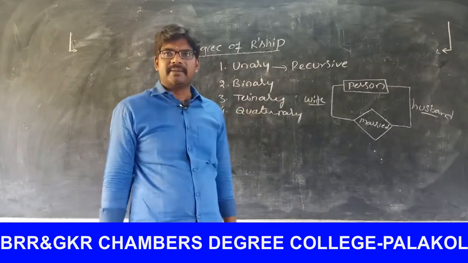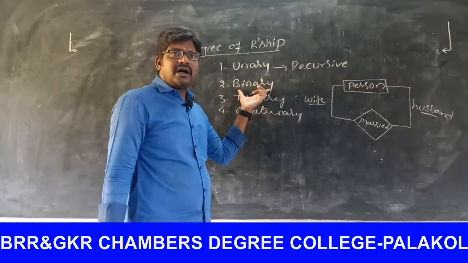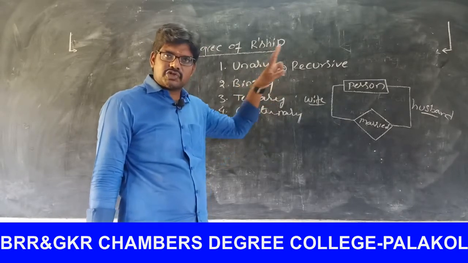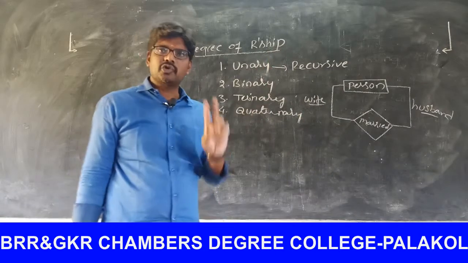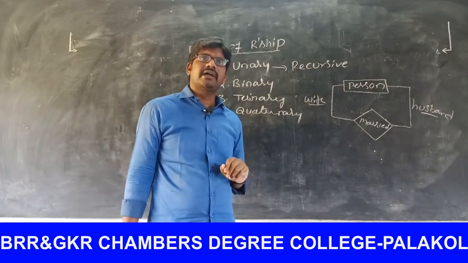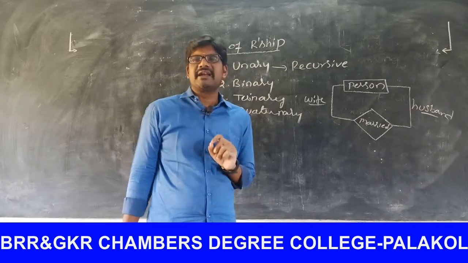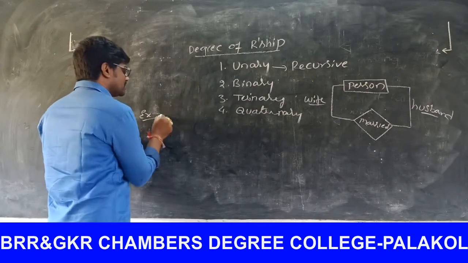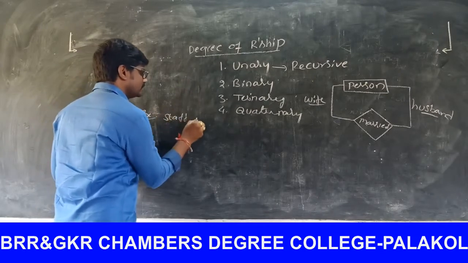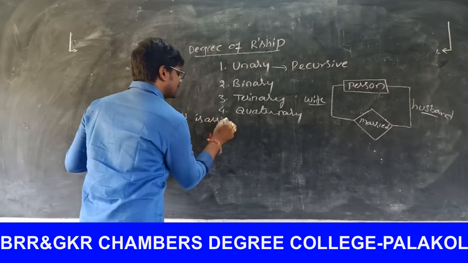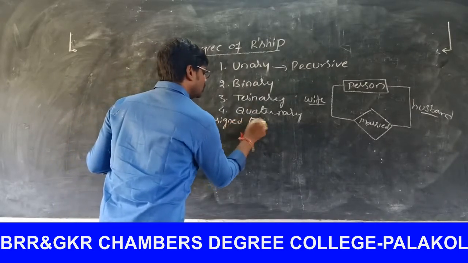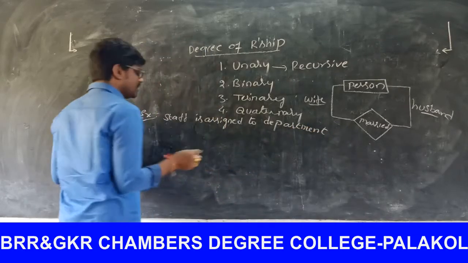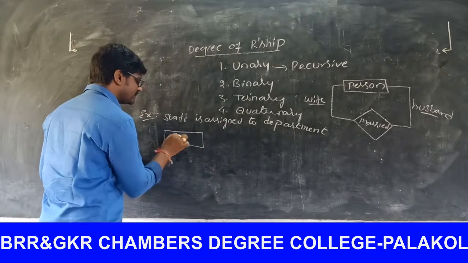Okay, and next one, binary. The number of entities participated in a relationship is 2, we call it as binary. So 2 entities are participated here. Okay, so staff is assigned to department. For example, I am taking staff is assigned to department. So here staff is an entity.